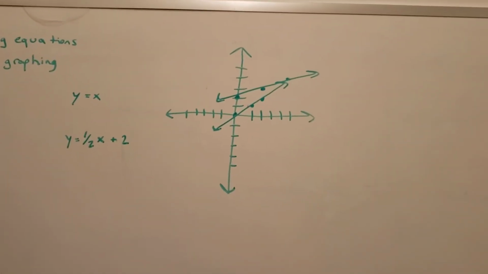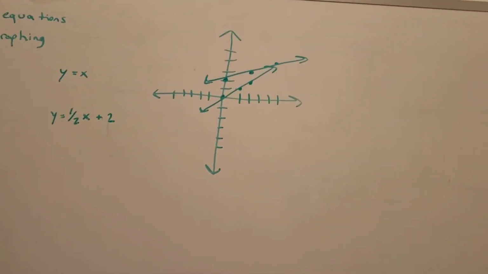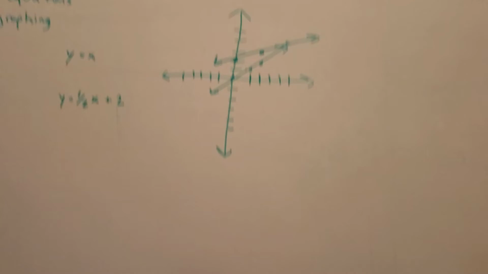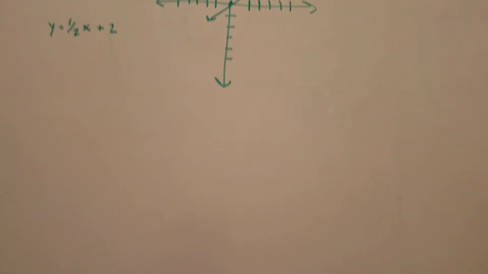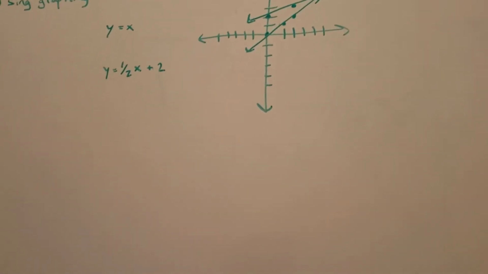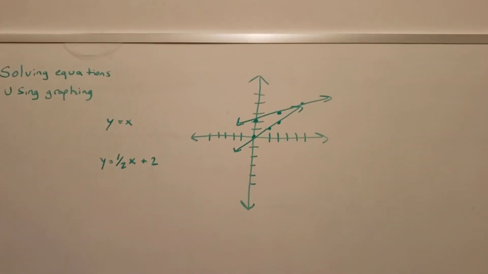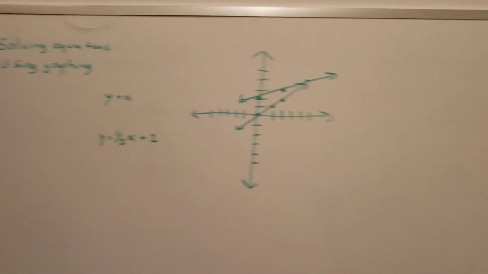Now using this information, we can actually solve these equations. We can find values for x and y that fit the equation. So for instance, let's say you had the equation y equals x, and they told you that your x was 3.